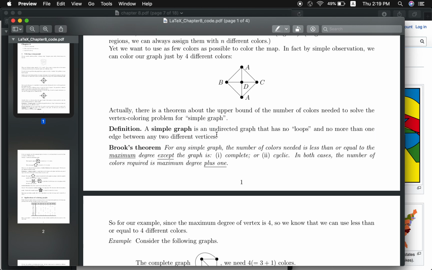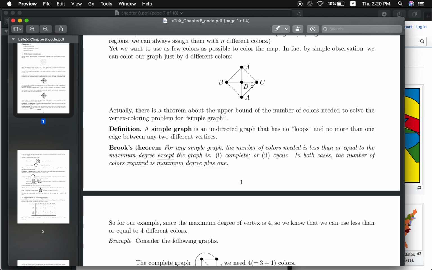A simple graph is just an undirected graph that has no loops and no more than 1 edge between any 2 different vertices. In other words, you don't have a loop, and if you have 2 vertices, there's at most 1 edge between any pair of vertices.